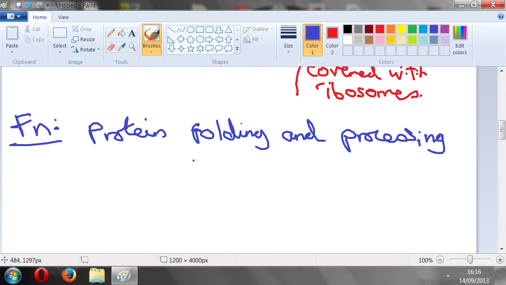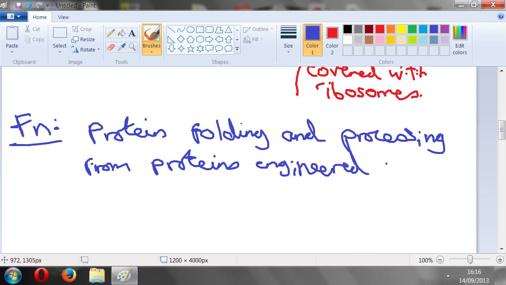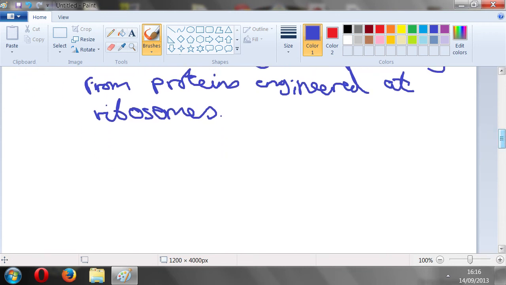Folding, processing proteins made at ribosomes. Okay, good. So yeah, that's the rough endoplasmic reticulum.